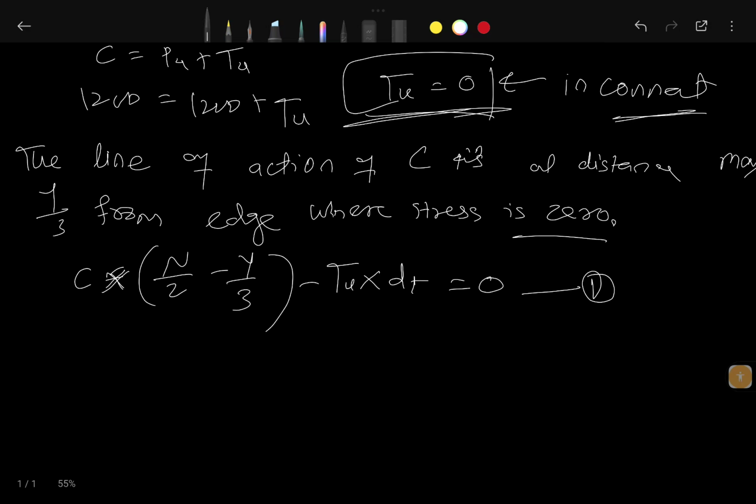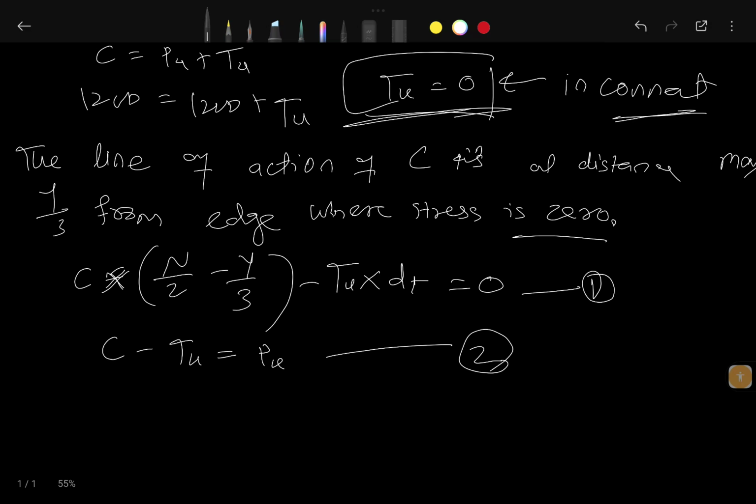This is equation 1. And second, C minus Tu is equal to Pu, so C is equal to Pu plus Tu. This is equation 2.